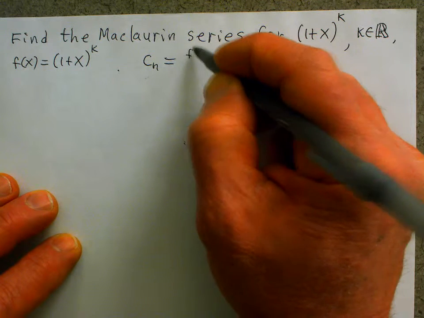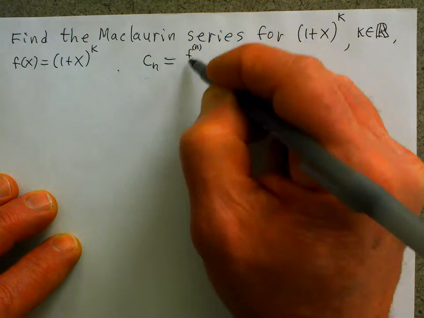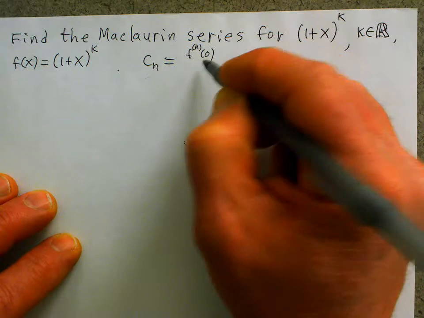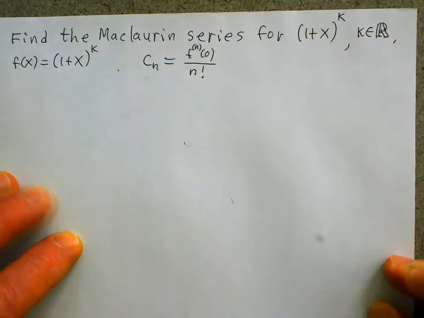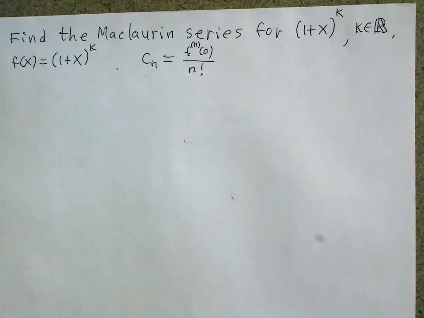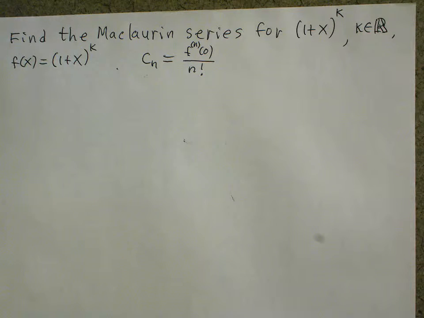So it's the nth derivative of f evaluated at 0 divided by n factorial. That's right. From the very first page, I have both the Taylor series and the Maclaurin series, and you can see what the coefficients are there.